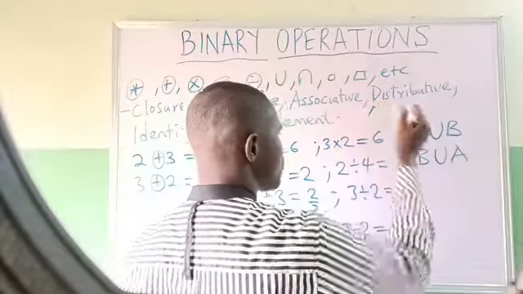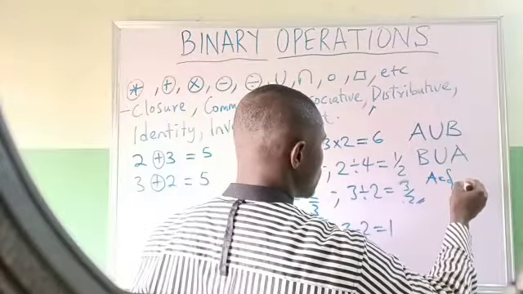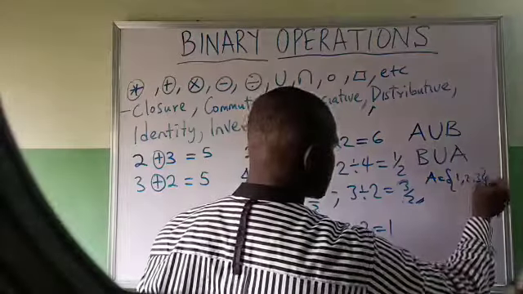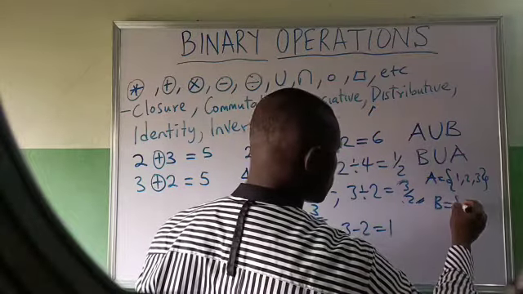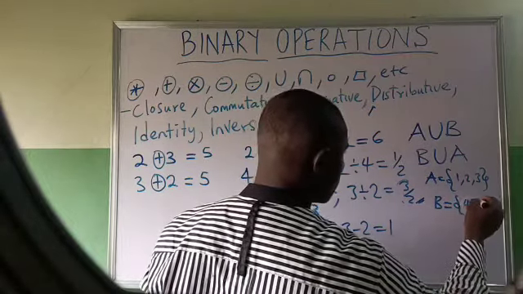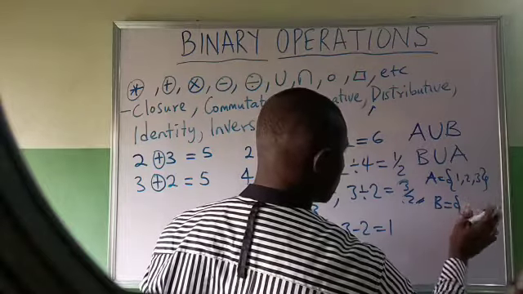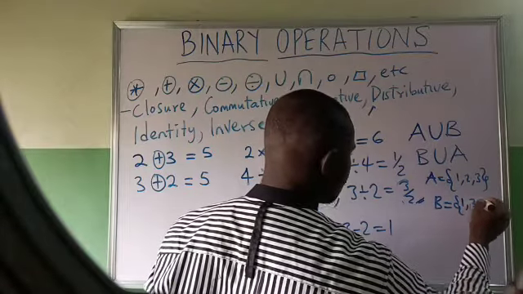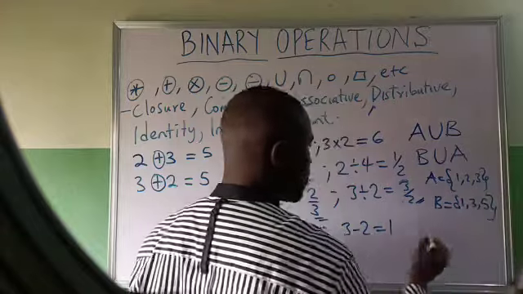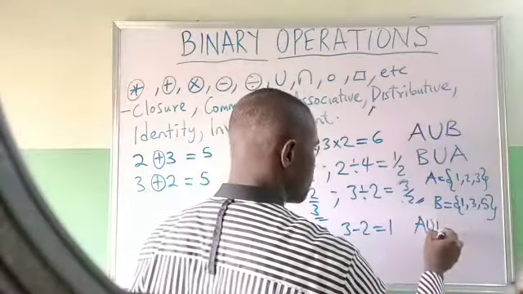Set A is equal to {1, 2, 3}. Set B is equal to {1, 3, 5}. What is A union B?